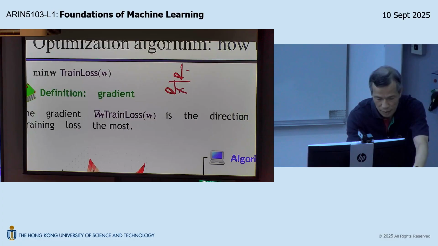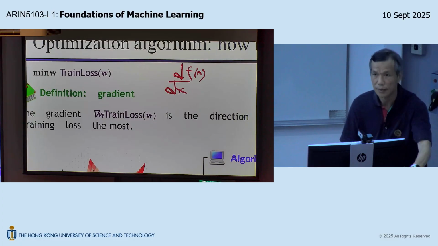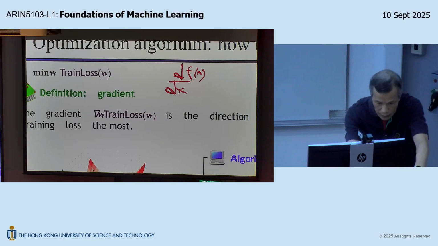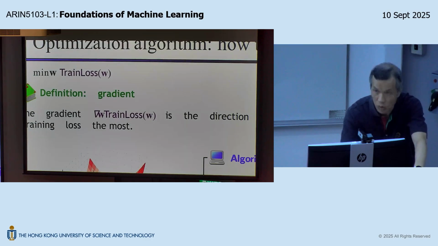In your high school mathematics, you have a function y, which is a function of x, where x is just a scalar, and then you take the derivative. This is the gradient. Here it is just a little bit more complicated. What's the difference with this?